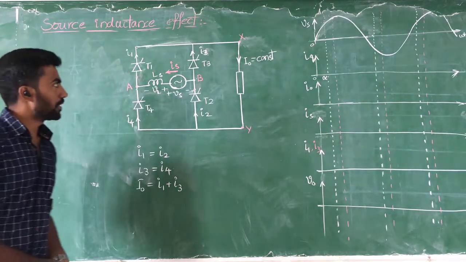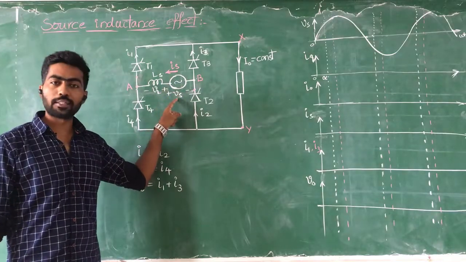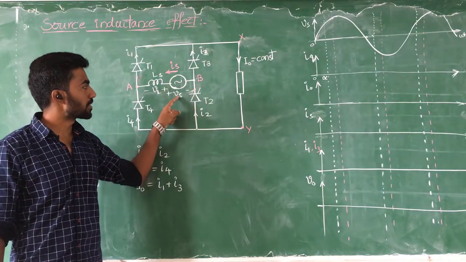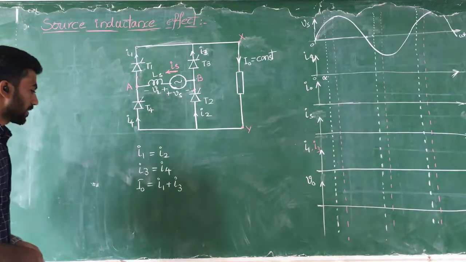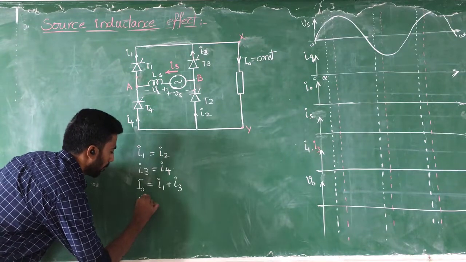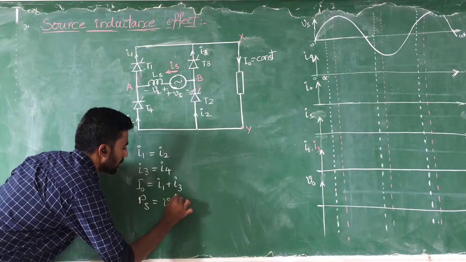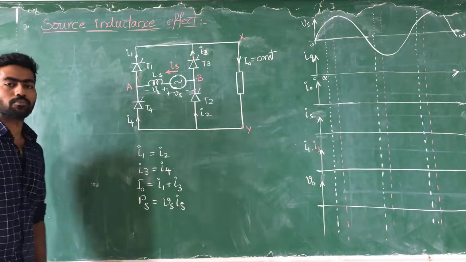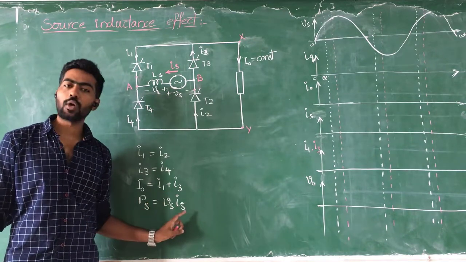One more thing we need to consider is the power delivered by the supply, the instantaneous power. The instantaneous power PS is equal to Vs into Is.